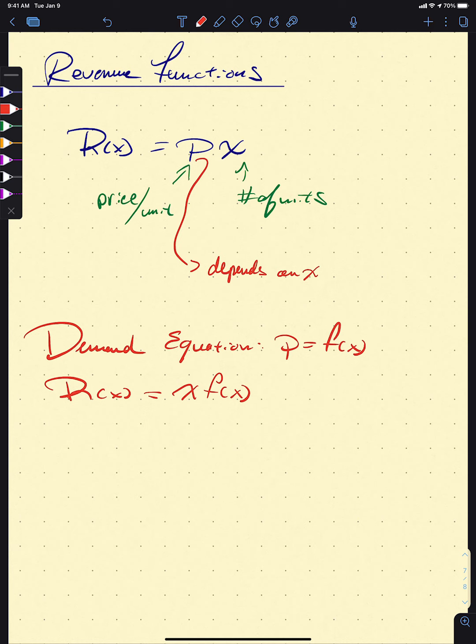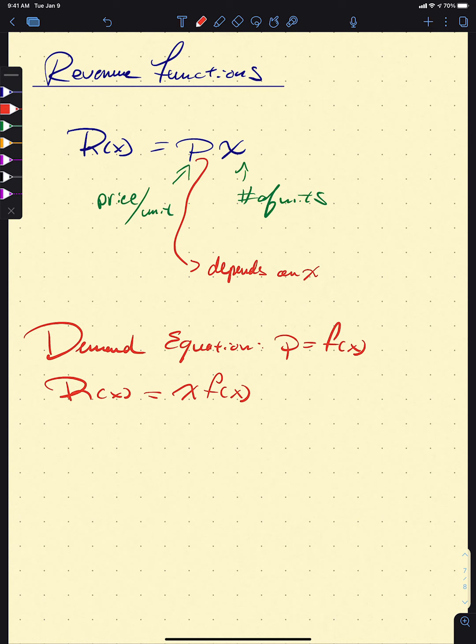If we wanted to look at marginal revenue, we could do a similar thing to what we did at the beginning. Calculate R of X plus 1 minus R of X, and that would give us the actual increase in revenue for selling one additional unit.